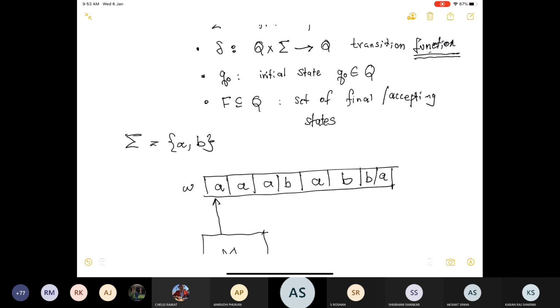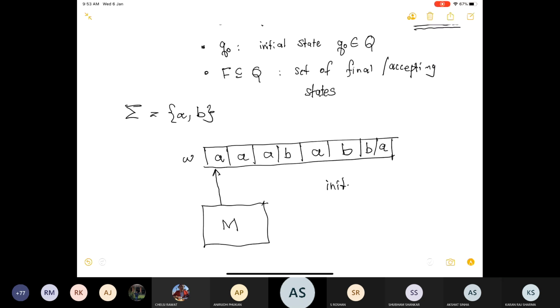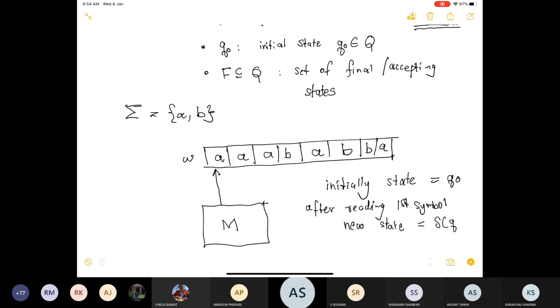So initially, the state is q0. Once it reads the first input letter, which is a in this case, the new state is delta(q0, a).